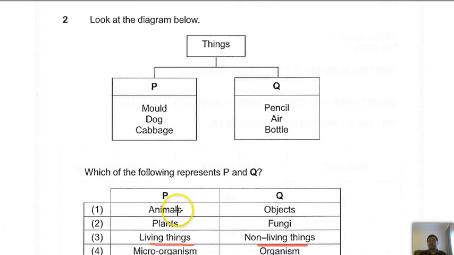Cabbage is a plant, so it's not this. If you say plants, mold is not a plant, it's a fungus. Obviously this group is not microorganisms, because you can see that big dot over there. So the answer is 3.